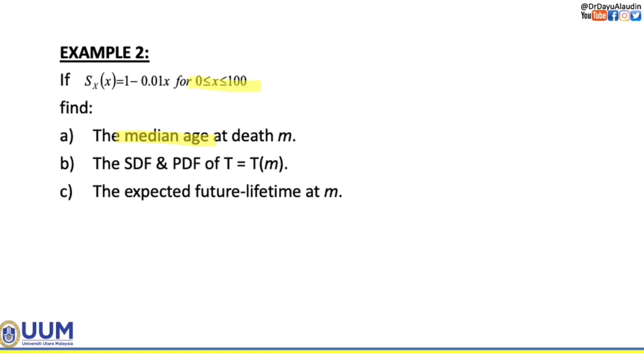You are given the age in the range of 0 to 100, so we denote the age at death as omega, and omega equals 100 years. So the midpoint must be 100 divided by 2, we get 50. So m is equal to 50.